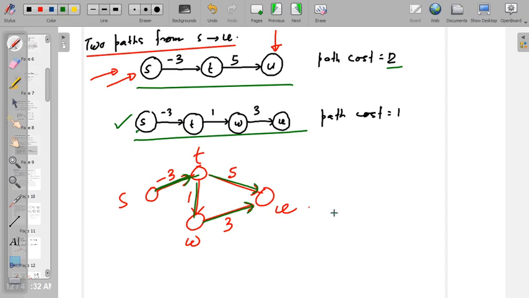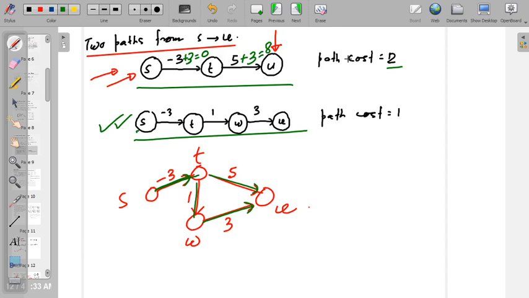So you have two paths, right? And I am getting that this is the shortest path if I am not converting, if I am keeping the negative weights as the edge cost. But now you see, I am converting each edge cost into a positive one. So to make it a non-negative quantity, greater than or equal to 0, definitely I have to add 3 here, so that it becomes 0 and this becomes 8.